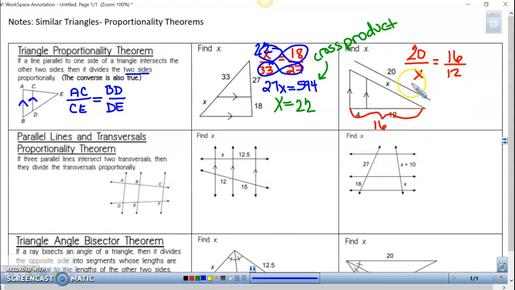Again, there are different ways to set up this proportion. You always just want to check your cross product when you are checking to see why you got the wrong answer. So 20 times 12, that is 4,800, and then we're going to divide that by 16.